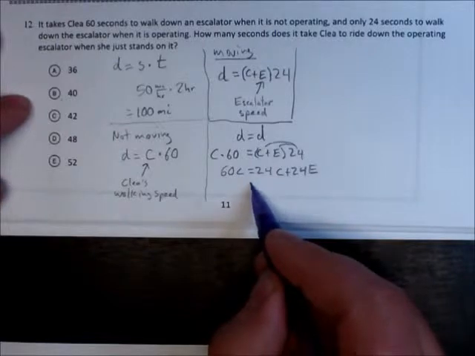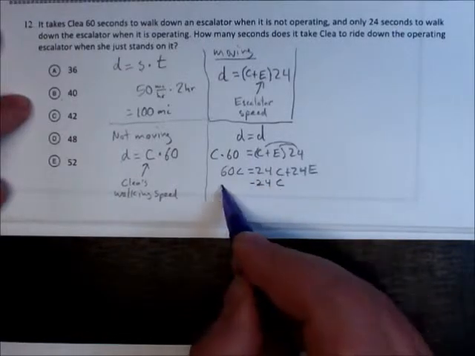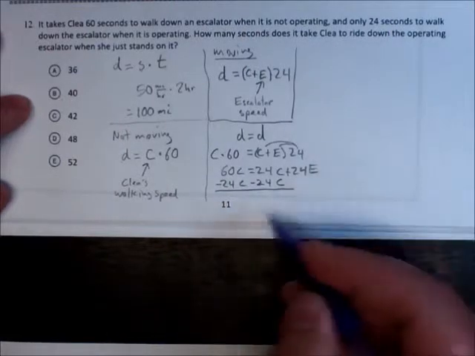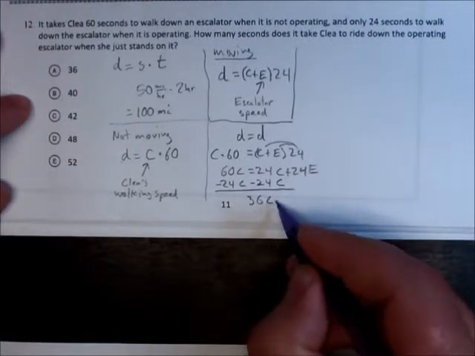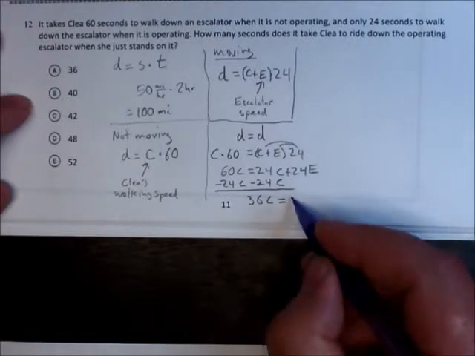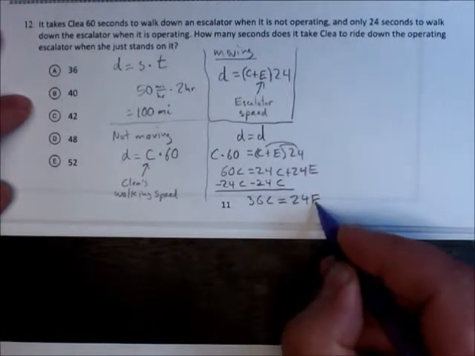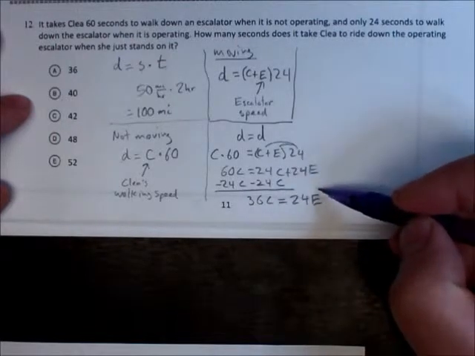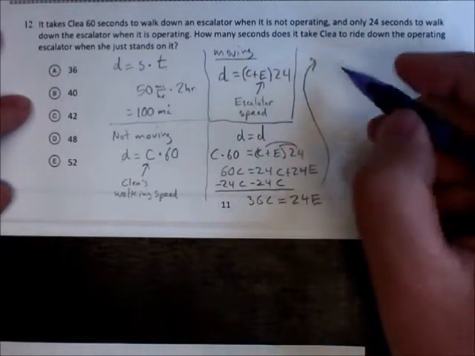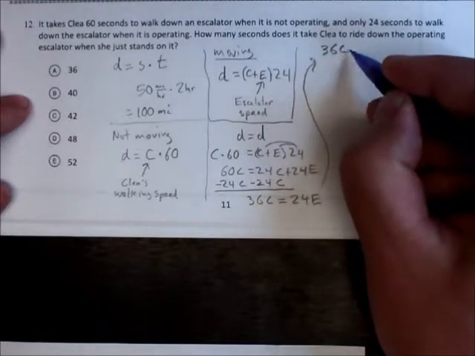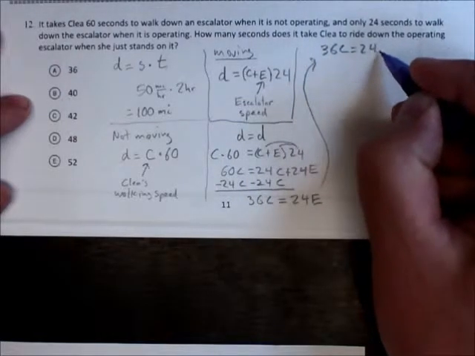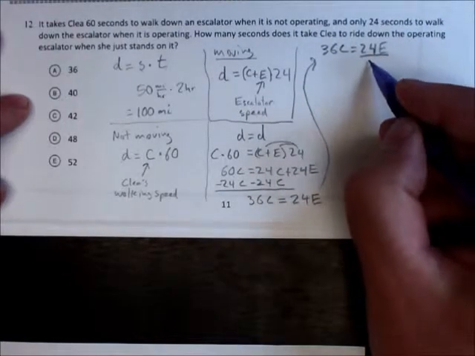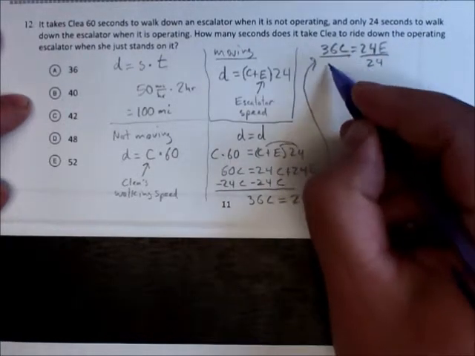I'm going to take away 24C from both sides. You're going to get 36C equals 24E. I'm going to just solve for E in terms of C. So divide both sides by 24.